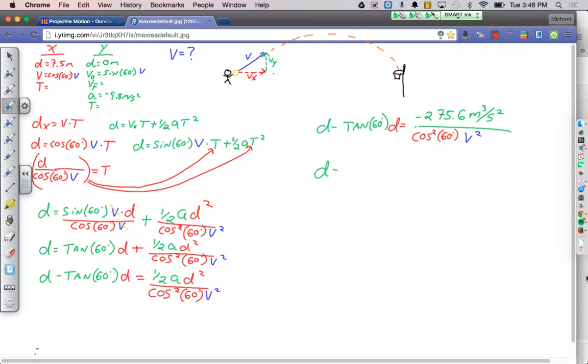Now we're going to simplify this just a little bit more. On the left side, I've still got d_y, still subtracting tangent of 60 degrees times that distance in the x direction. You might have wanted to plug in your numbers a while ago. You can if you want to.